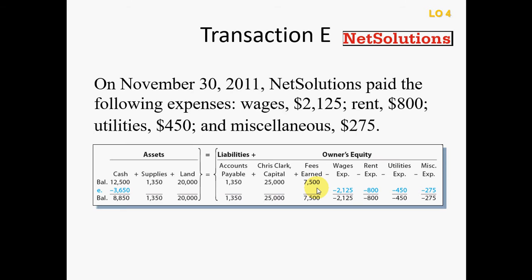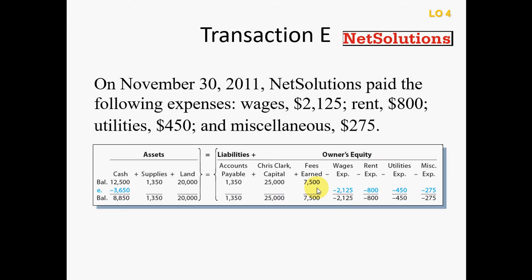And the total of all these has been subtracted from the cash, that is 3,650. So if we add the total amount of cash, supplies, and land on the left hand side, it will be equal to the sum of the items on the right hand side.